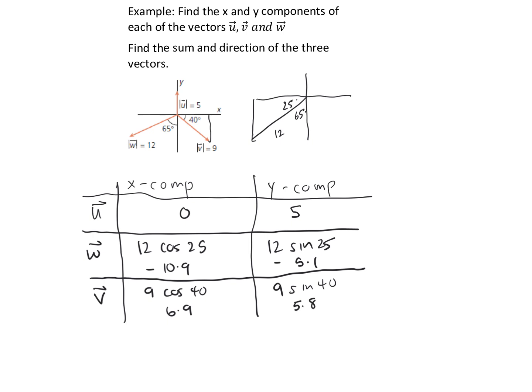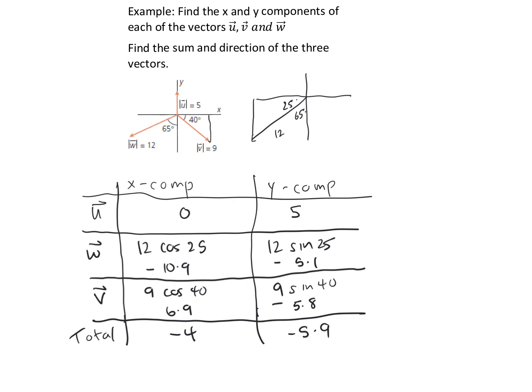This one is directed right, so positive for the x, but down for the y, so negative for the y. And then we will total to find the resultant components. If we add these values up, we get -4 for the x and -5.9 for the y.